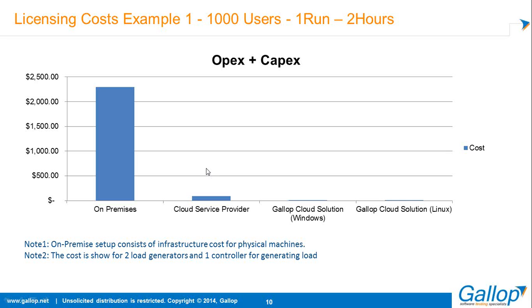This is certain candidate for having your own performance lab either on cloud or having your own performance lab situated on premises for you. Because if you look into the cost that is there per run, that pretty much comes down on premises when compared to your cloud service providers or even Gallup Cloud Solutions.